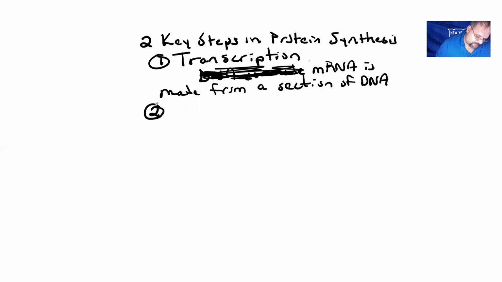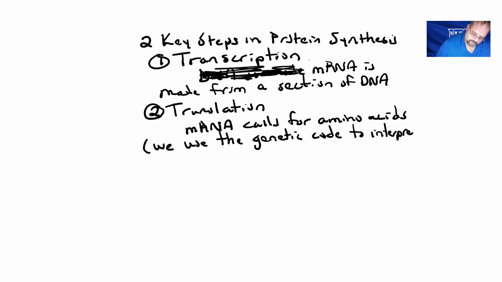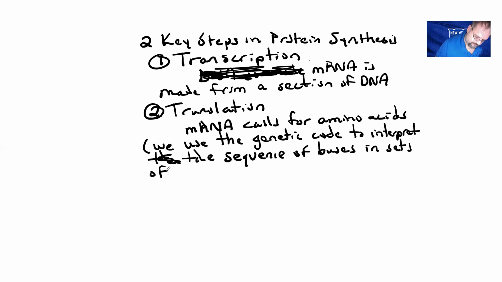And then essentially you have your translation, where the messenger RNA calls for amino acids and we use what is known as the genetic code to interpret the sequence of bases in sets of 3 called codons.